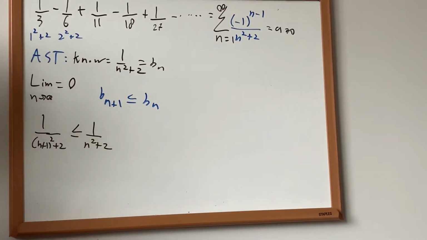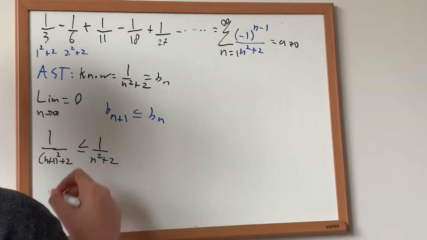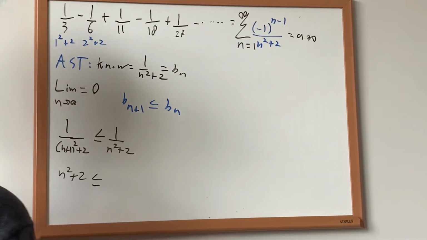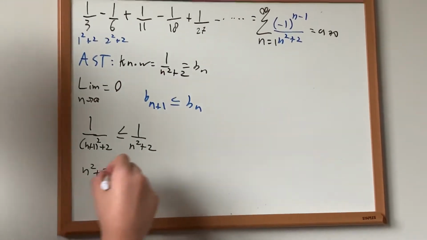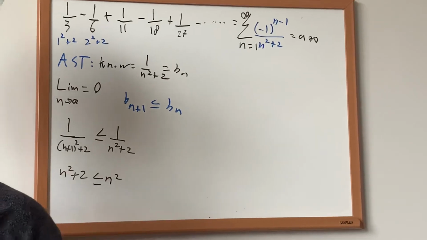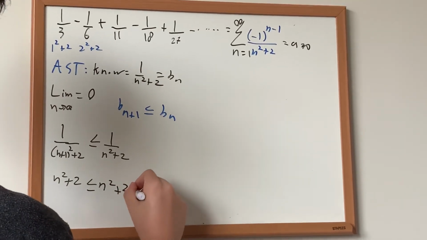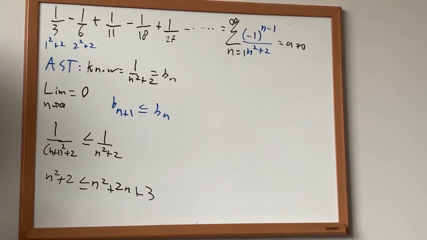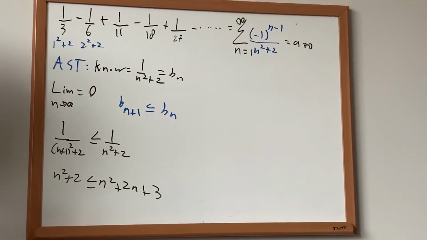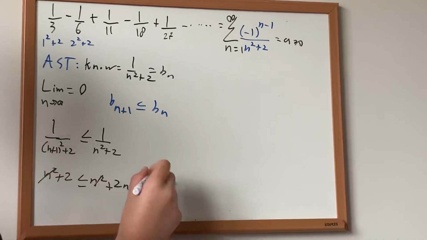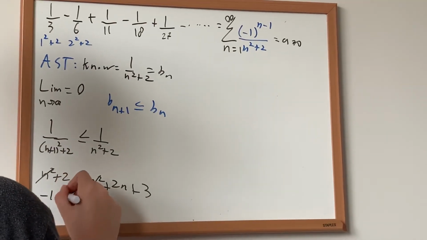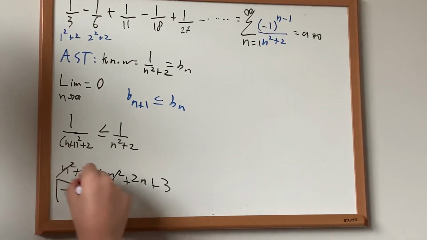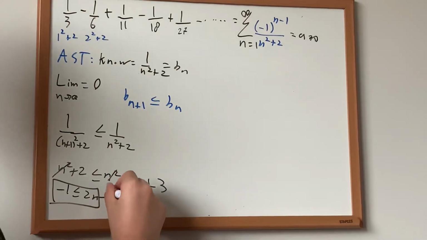And this is clearly true, but just to be clear, cross multiply: n squared plus 2 is less than or equal to, if we expand that, n squared plus 2n, and plus 1 and 1, we get 3. This is clearly true. If you want to simplify it even more, this and this cancel, and we get -1 is less than or equal to 2n for every n value greater than or equal to 1, which means this is true.